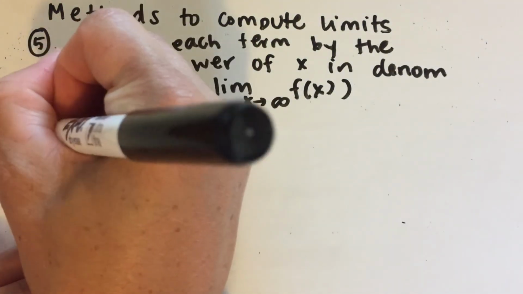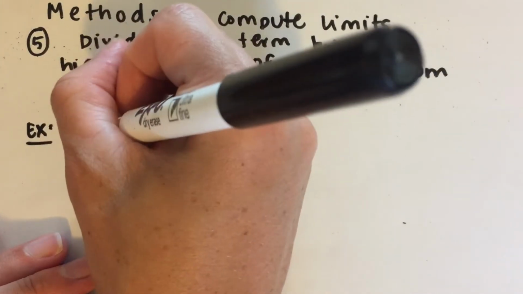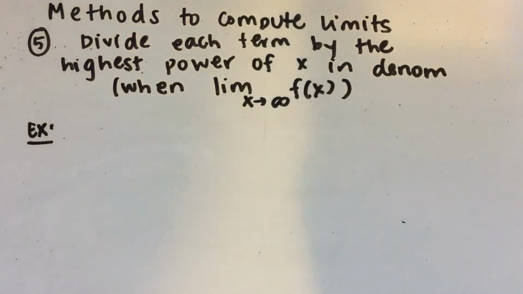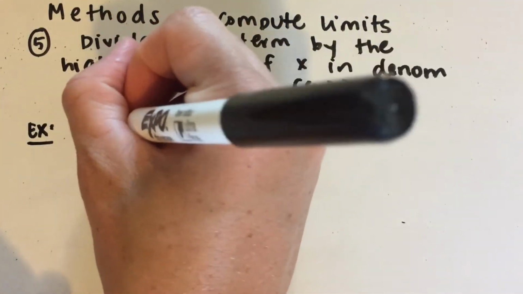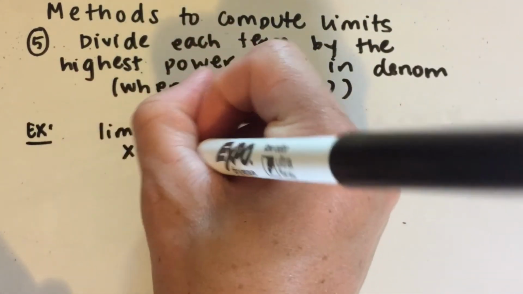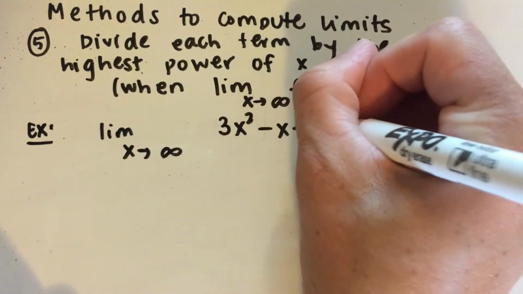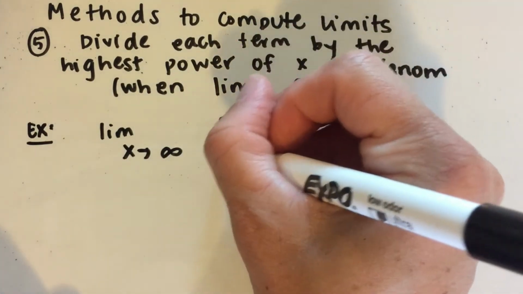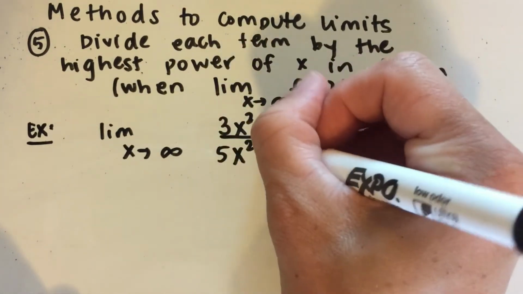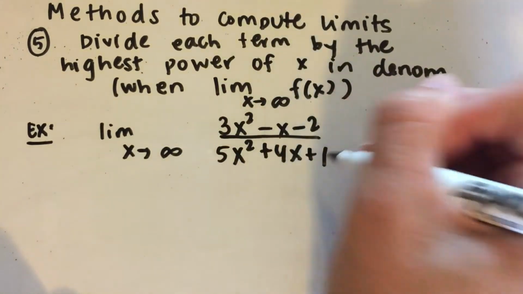So as my example, I have the limit as x goes to infinity of 3x squared minus x minus 2 over 5x squared plus 4x plus 1.